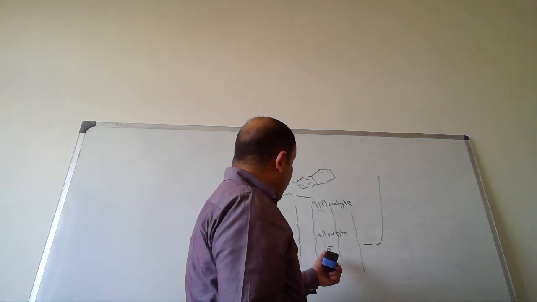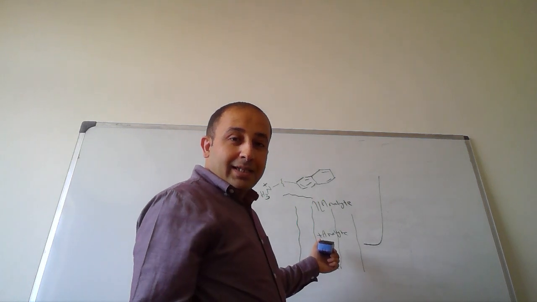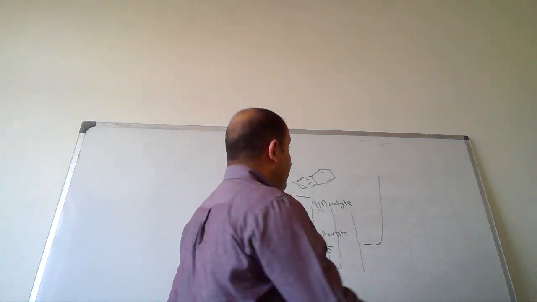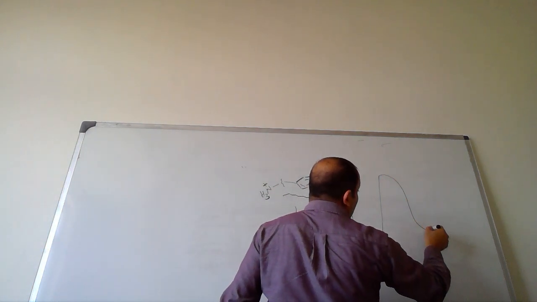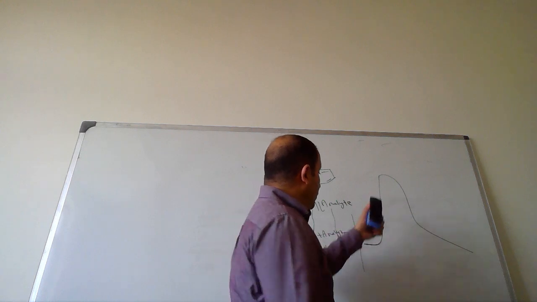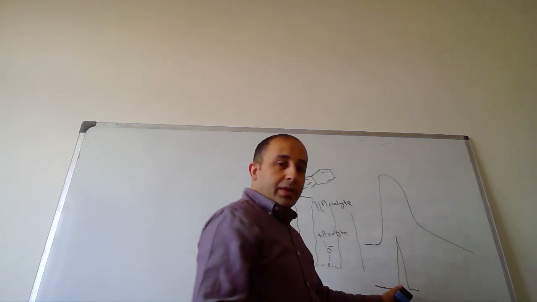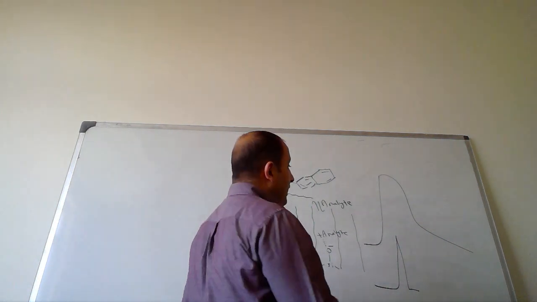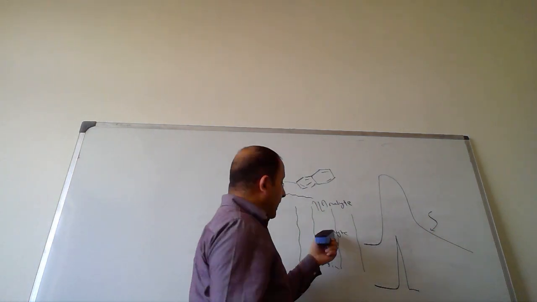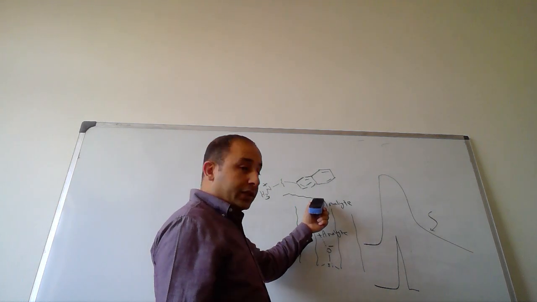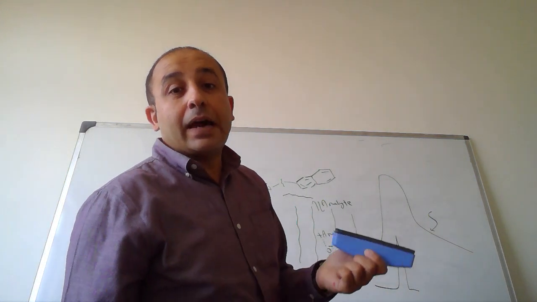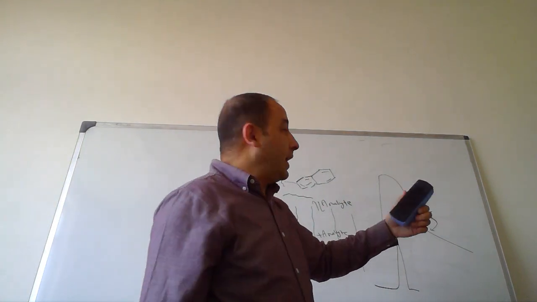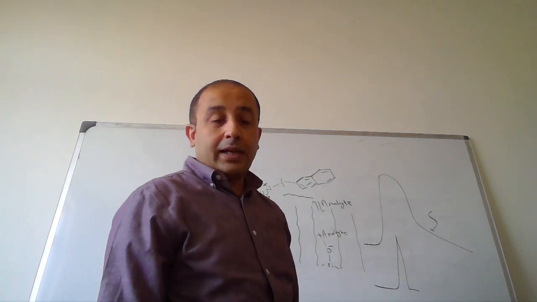But due to this minority of analytes, they will be late in comparison with the majority of the analyte. So there will be a source of what? Of tailing. The peak, instead of being sharp like this, which is the ideal one, will be a peak with tailing. And this tailing is due to what? Due to this kind of analytes. They have not only partitioning, but also salt formation with the stationary phase. So they will elute later than the majority of the analytes.